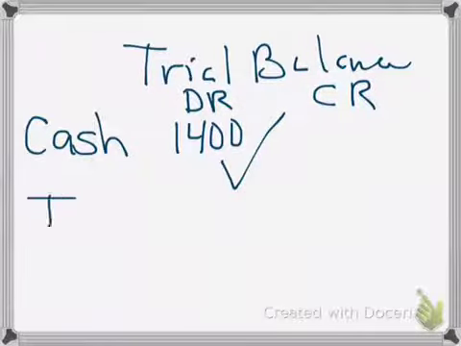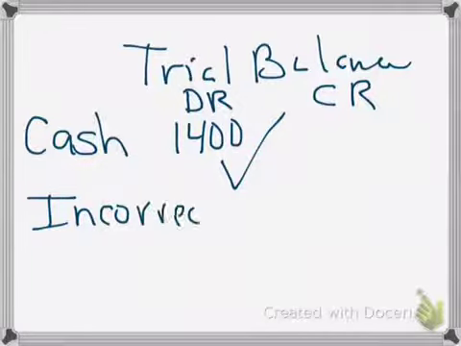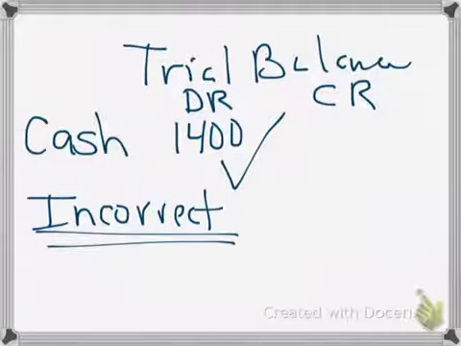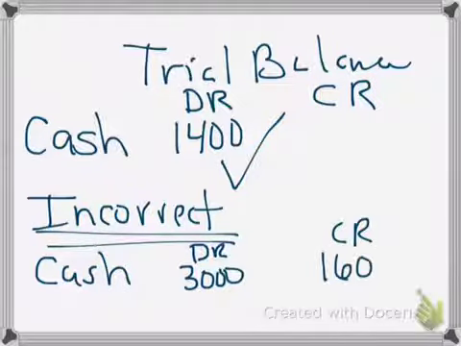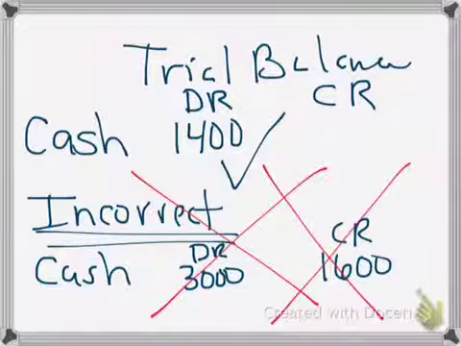Now, this is going to be the incorrect way. You would not have a debit for $3,000 and a credit for $1,600. This is completely wrong. That is not right. That is not what we do. If you put that on your paper, it will be counted wrong. Every account has to have either a debit balance or a credit balance.